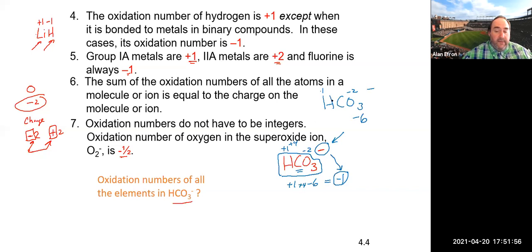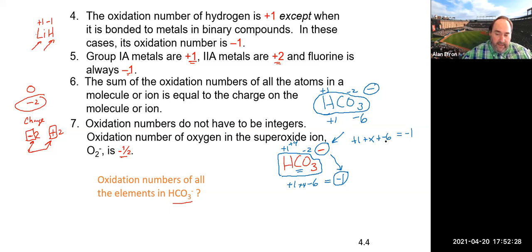Hydrogen is +1, and there's only one, so that gives us a +1 oxidation state for the hydrogen. If you make it like a math problem here, we're missing the oxidation state of our middle guy, which is carbon in this case, and we could call that X. This entire thing, when you add up the oxidation numbers for everybody sitting there, it all has to equal -1.